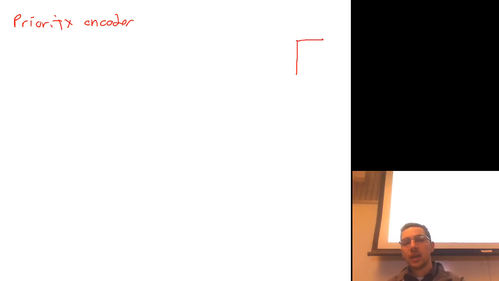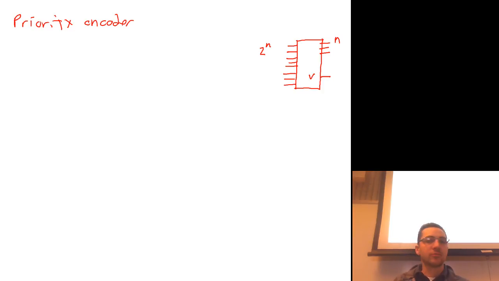A priority encoder takes 2 to the n inputs, turns it into n outputs, and usually we'll have a valid bit. So there's your 1 in 2 to the n kind of setup.